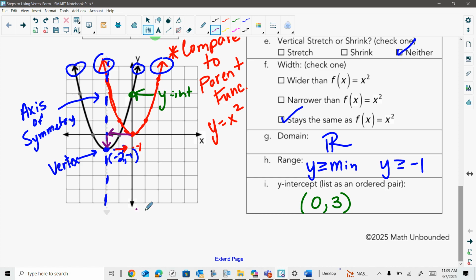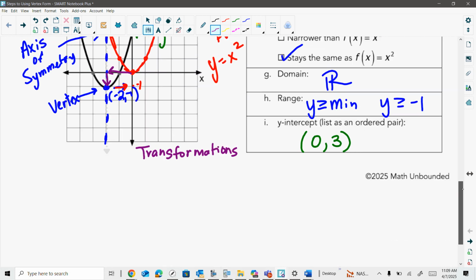So the transformation from the parent, add this to the bottom of your graph, please, is that it is a horizontal, and I'm just going to abbreviate horizontal, shift to the left 2 units.